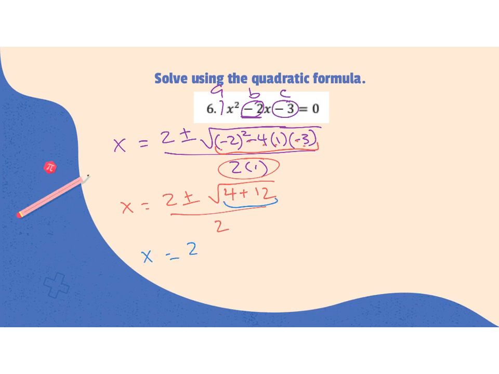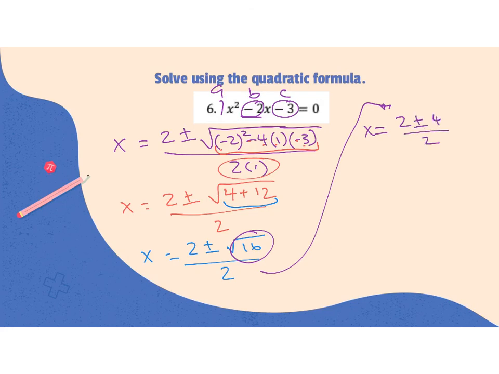So I still haven't touched the 2 on the outside, and still haven't done the plus or minus. Now I'm looking at the square root of 16, all over 2. The square root of 16 gives me 4. So I have x equals 2 plus or minus 4 all over 2.